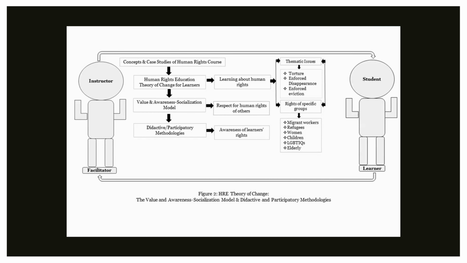And I realized that I cannot just teach them to know or raise awareness of human rights, but I am supposed to really ensure that in the future they can be change agents.